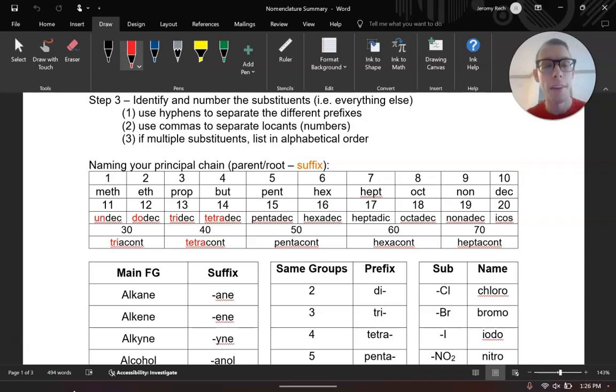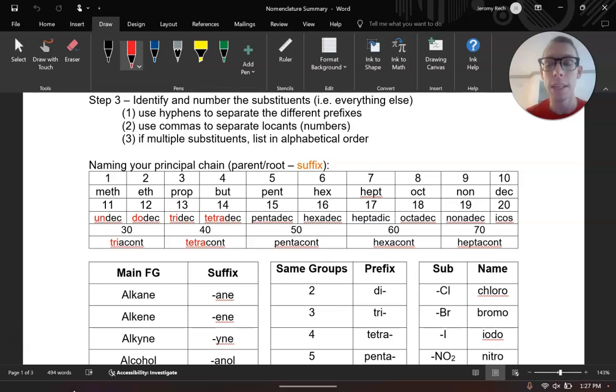We have meth to describe 1, eth to describe 2, prop to describe 3, but to describe 4, pent for 5, hex for 6, hept for 7, oct for 8, non for 9, and dec for 10. Now, our suffix for alkanes is ane, so a 5-carbon system that is all single bonds we would describe as pentane. There are systems that can go up higher.